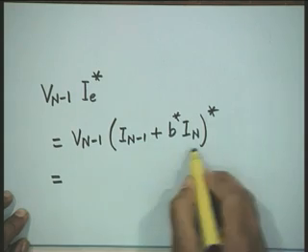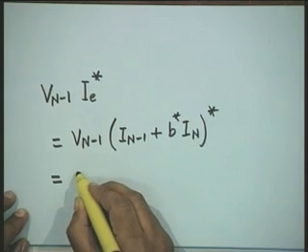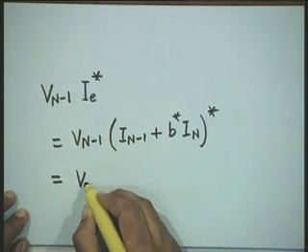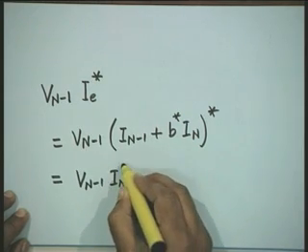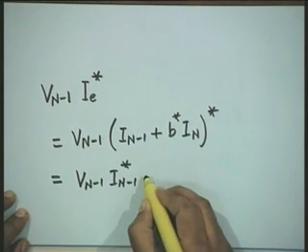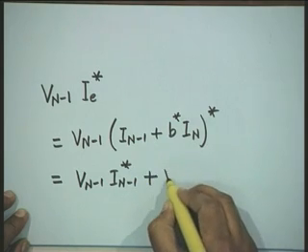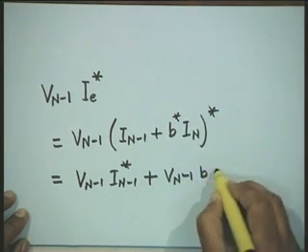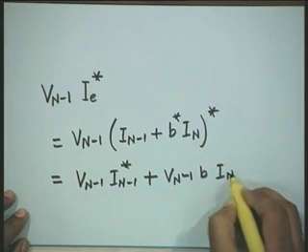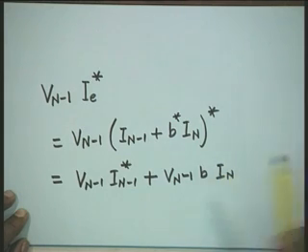If you expand this term, then it can be written as V n minus 1 I n minus 1 star plus V n minus 1 B I n. Okay.